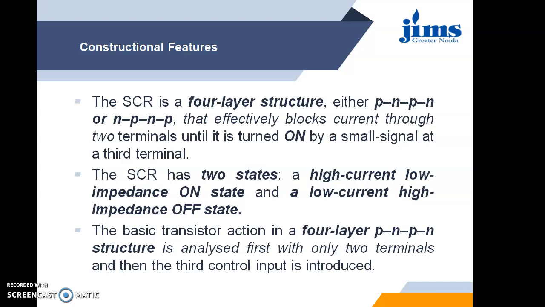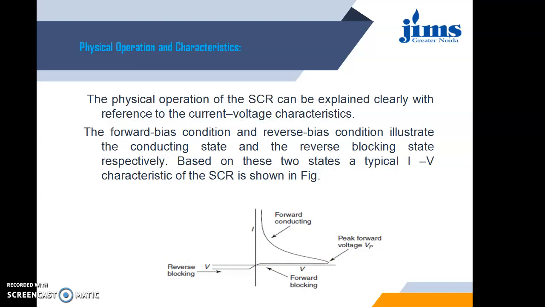So the transistor action in a 4-layer PNPN structure is analyzed first with only 2 terminals and then with the third control input introduced. That means initially we will talk about the working with 2 terminals only, and then we will come to the third terminal. This is the VI characteristic, and we will discuss how we get such operation.